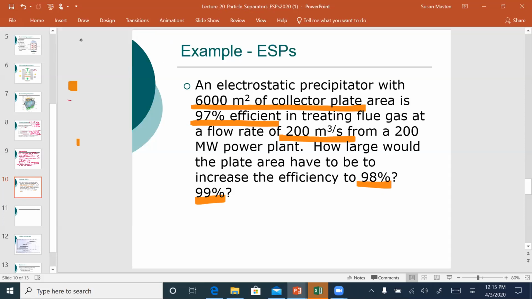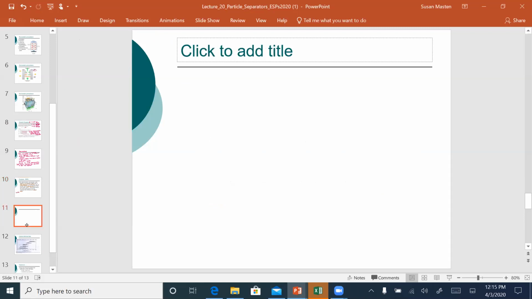So we have 97% efficiency. We have Q equals 200 meters cubed per second. The collection plate area is 6,000 meters squared.